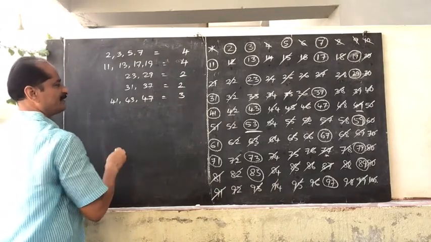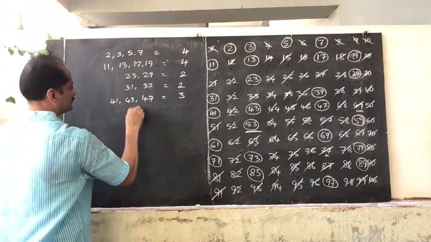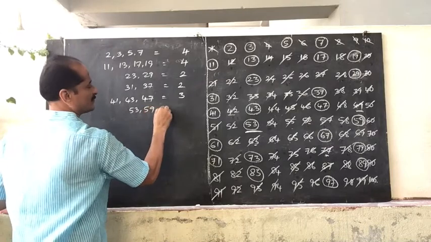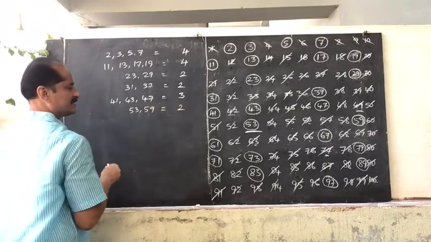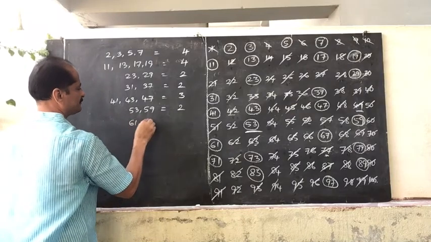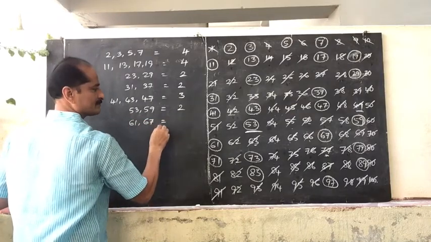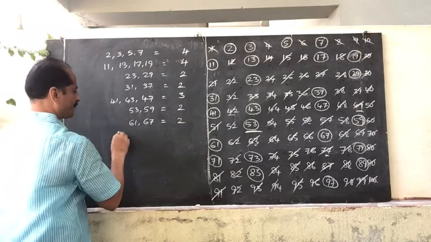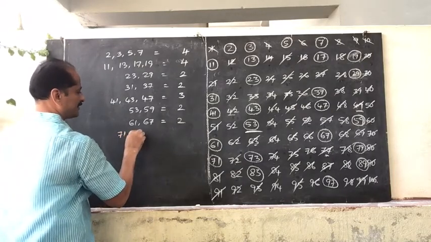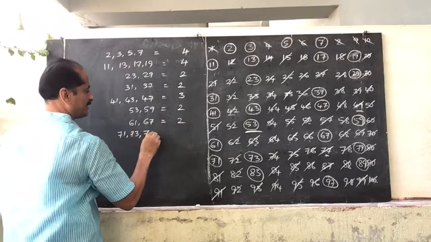Again 53, 59. 53, 59 is 2 prime numbers. 61, 67. 2 prime numbers. 71 to 80. 71, 73, 79.